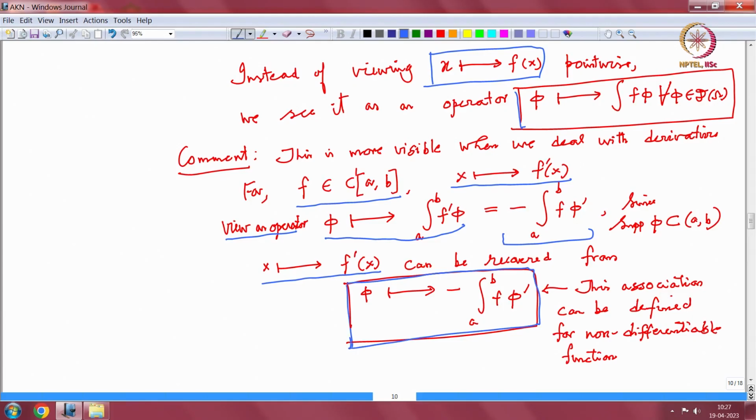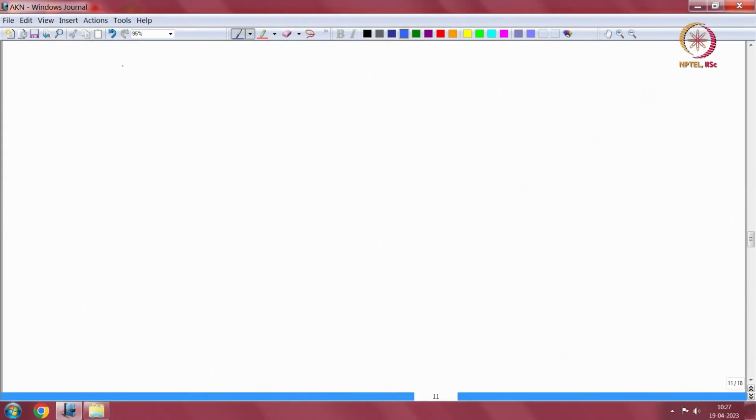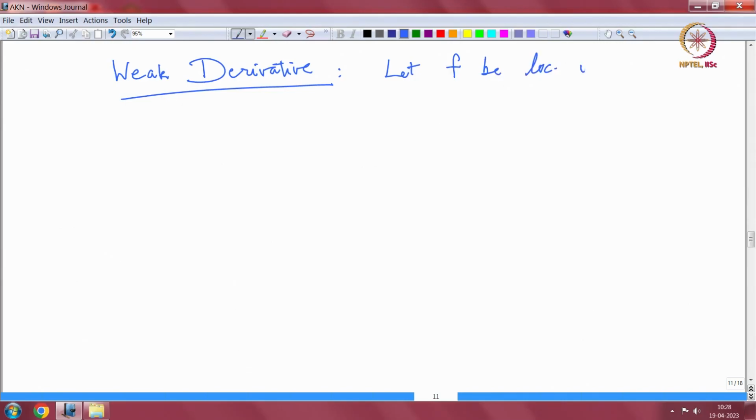It is enough to have a locally integrable function. That leads immediately to a different notion of derivative for non-differentiable functions. Let me call it a weak derivative. Let f be locally integrable.